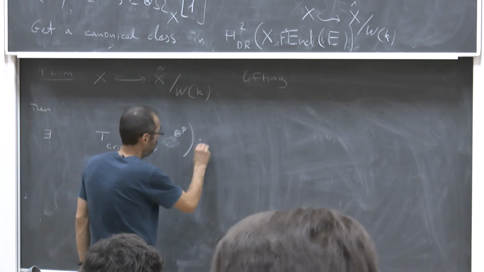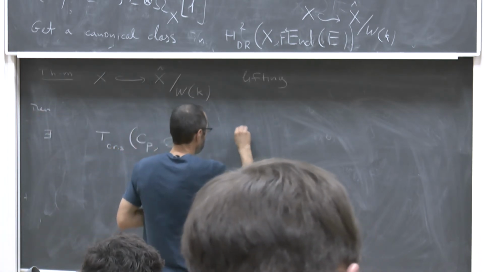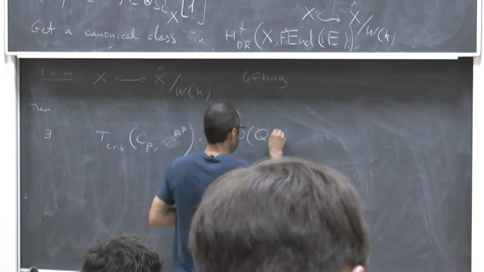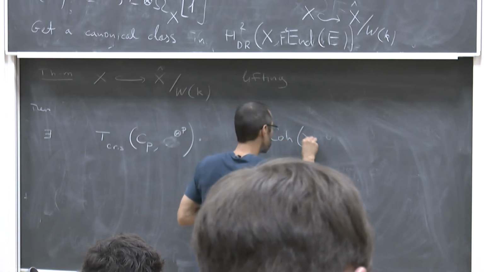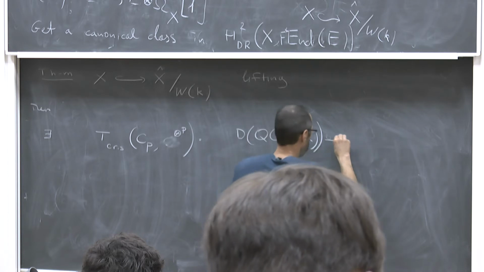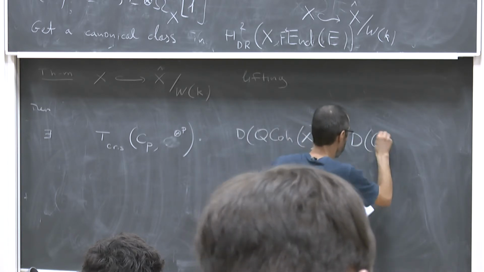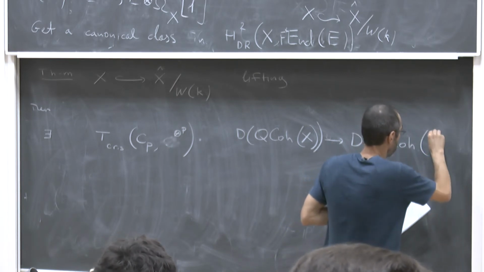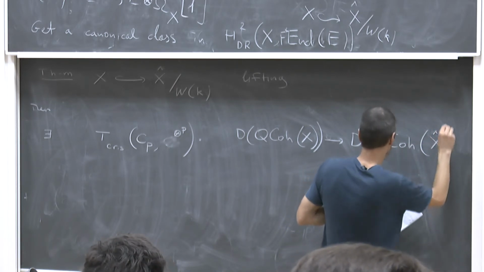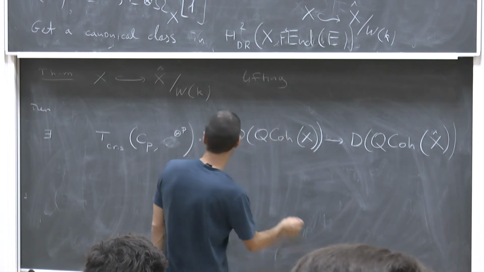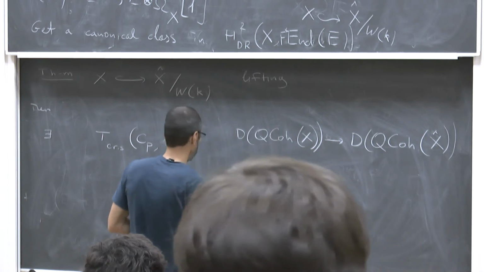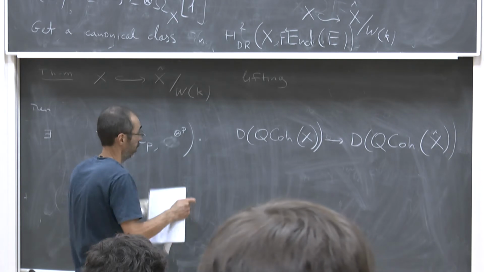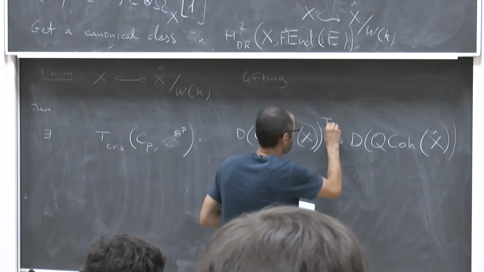From the derived category of quasi-coherent sheaves on X to the derived category of quasi-coherent sheaves on X, such that, so maybe I should put it here, see this.